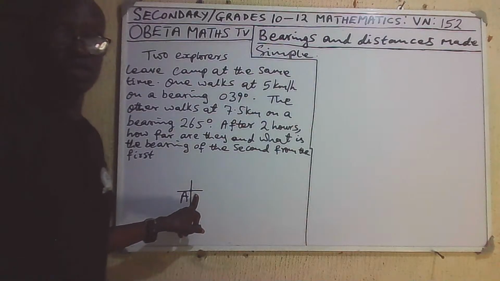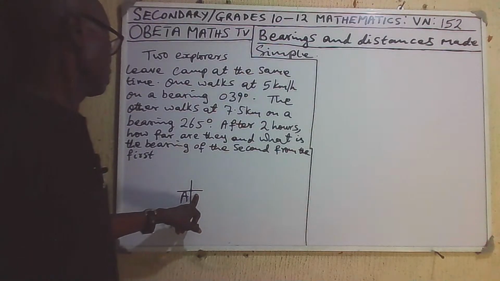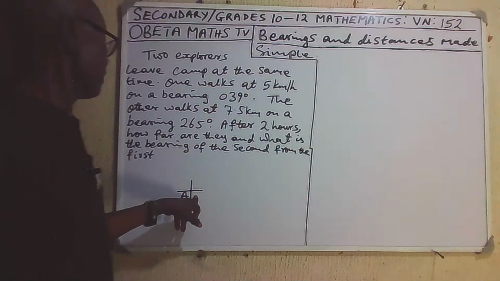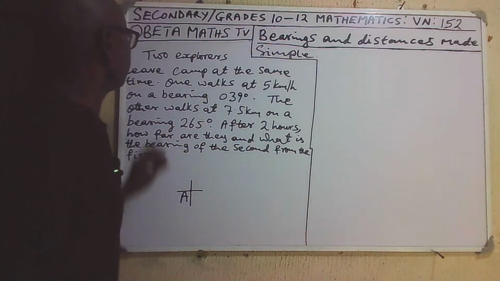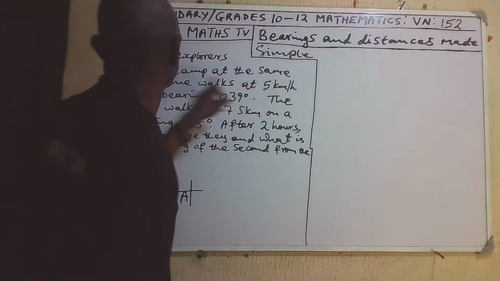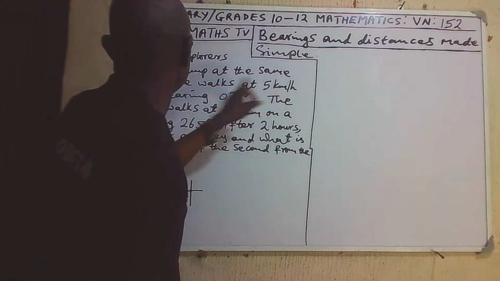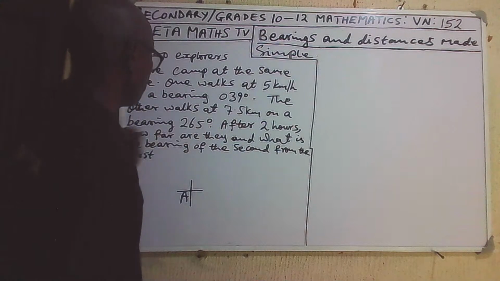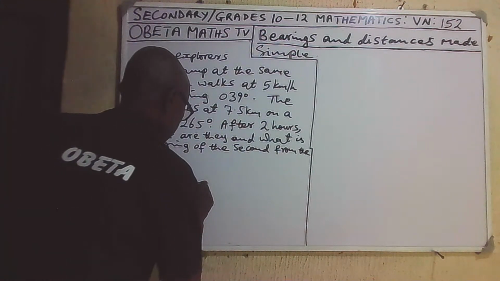Let us represent the original position with A, and then the first one walks at 5 kilometers per hour on a bearing 039. So let's take this to be our 039.